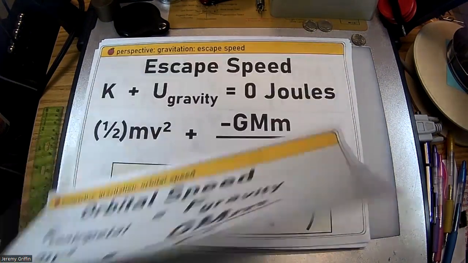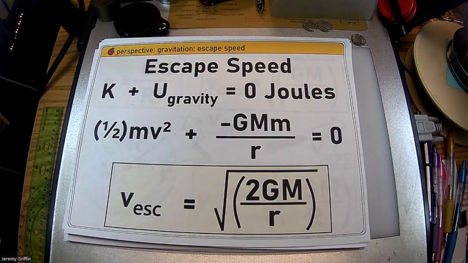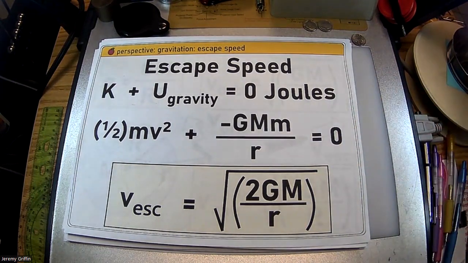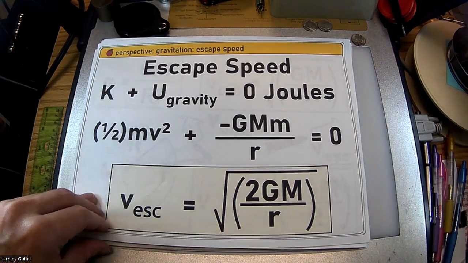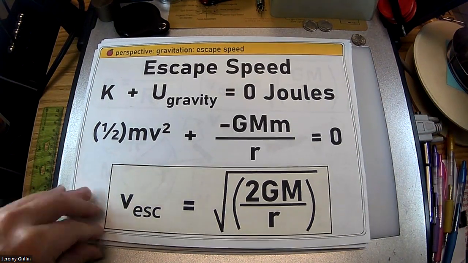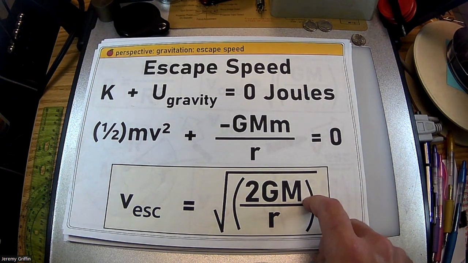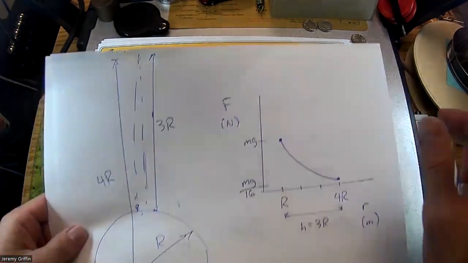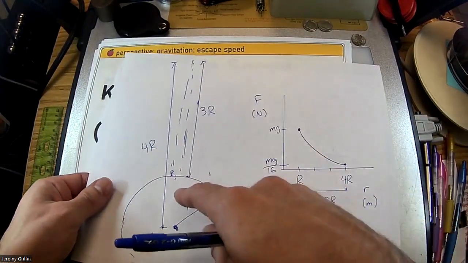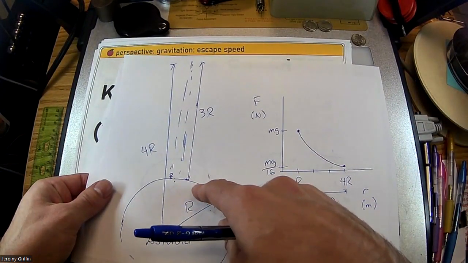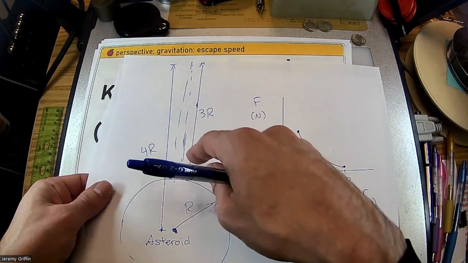Right. And there's also an escape speed version that actually goes through conservation of energy that they're not going to ask you. I've never seen them ask that question, but maybe in college you might see this. Or you know what else this could connect to? I could ask a question like, what could be the speed of, let's go back to this astronaut on this asteroid, and he throws up the rock.